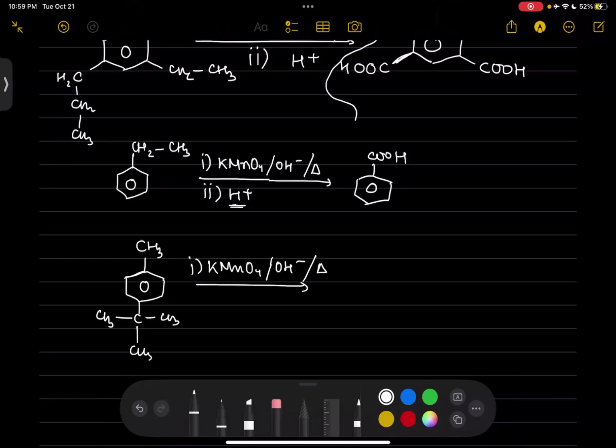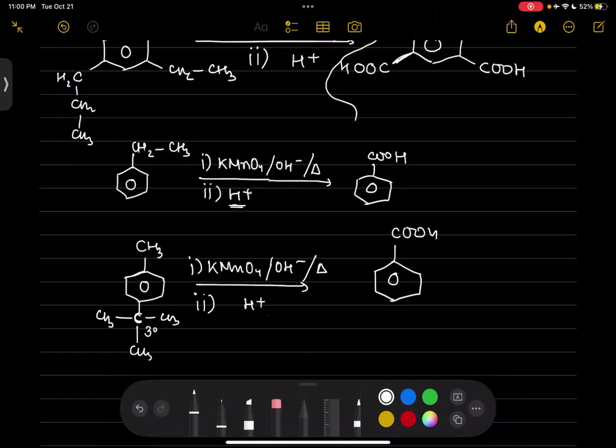How many carboxylic acids? 2. 2 carboxylic acids or just one carboxylic acid. So the alkyl side chain of the benzene ring gets oxidized to carboxylic acid. But what I told you is that it should not be tertiary.